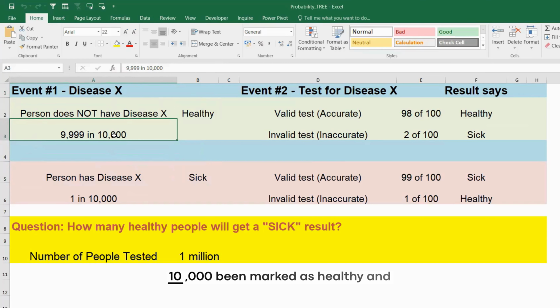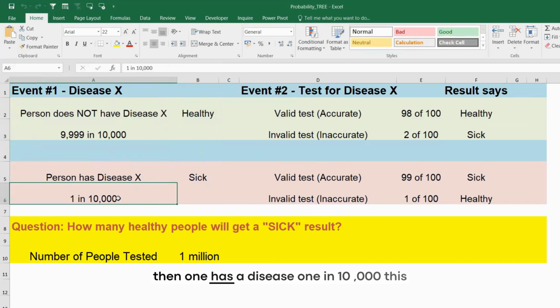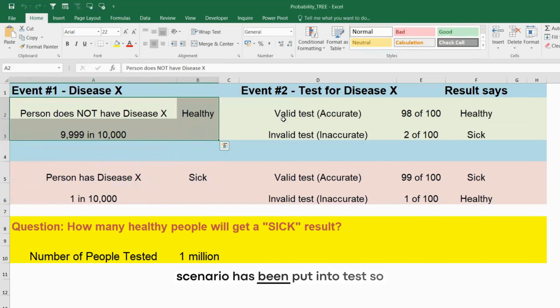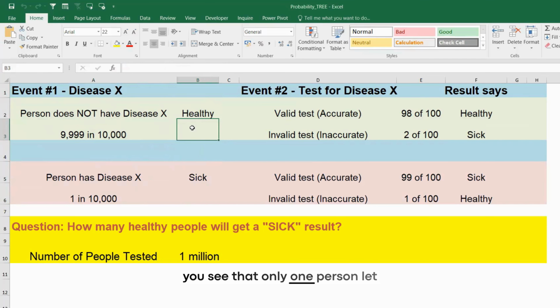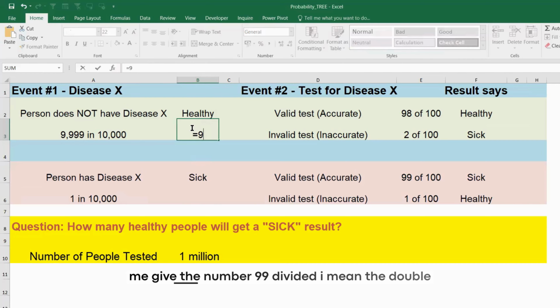9,999 in 10,000 been marked as healthy. And then one has a disease, 1 in 10,000. Okay. This scenario has been put into test. So you see that only one person, let me give the number, 9,999 divided by 10,000.